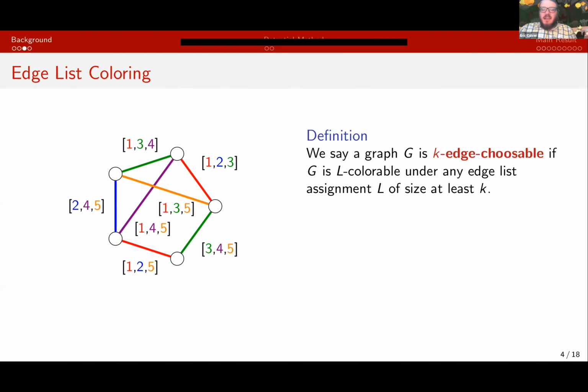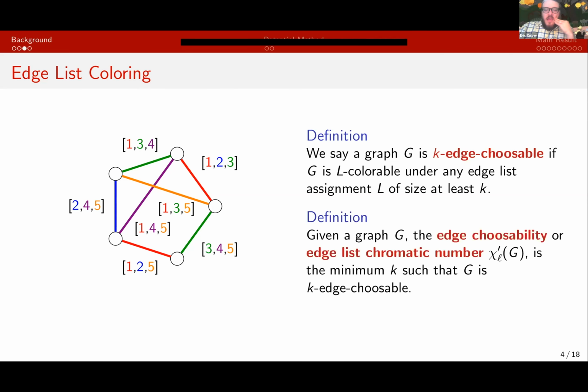So we can just keep adding more colors as long as the lists are all of size at least k. But there are ways to check this, but you have to be a little bit smarter than just what the definition suggests. And then the edge choosability, or the edge list chromatic number, is the minimum k such that a graph is k edge choosable.